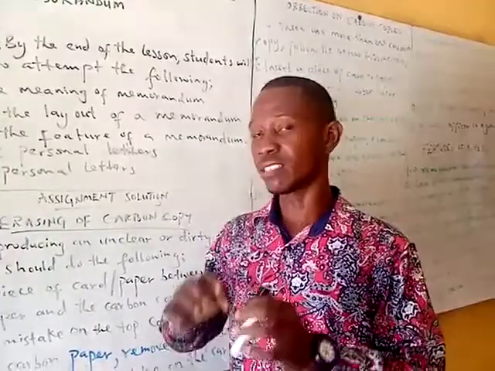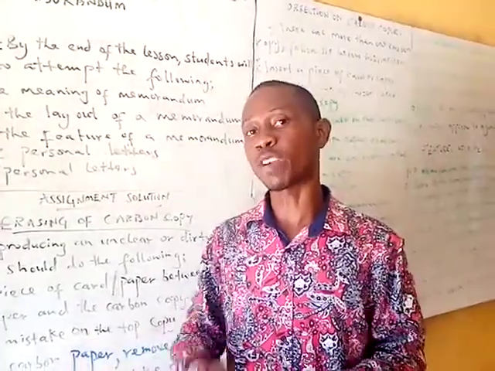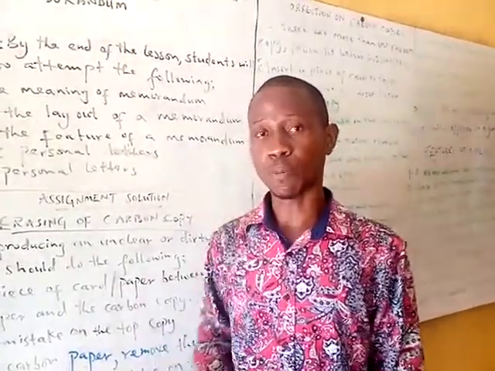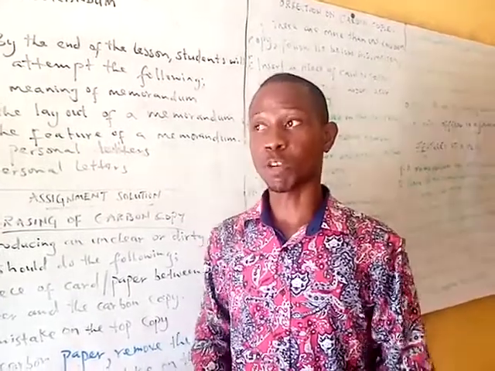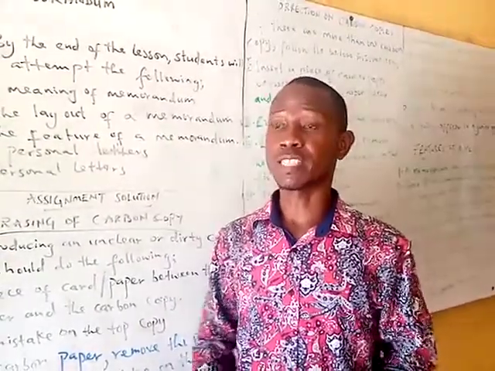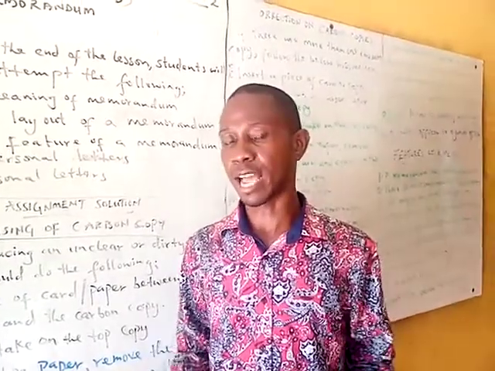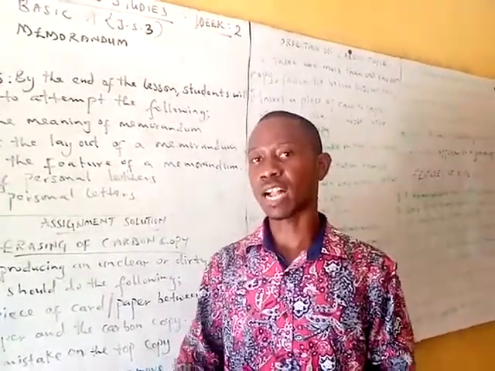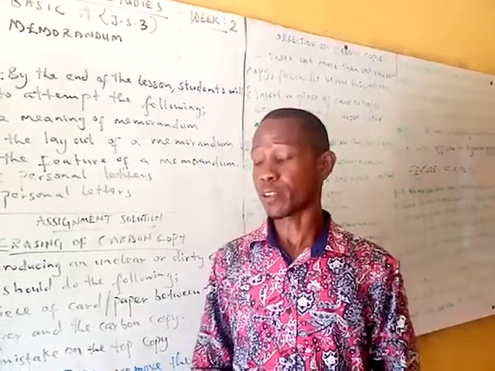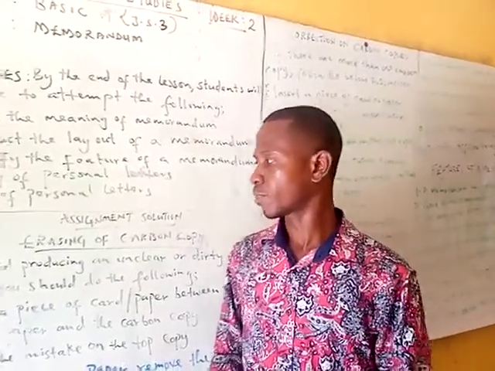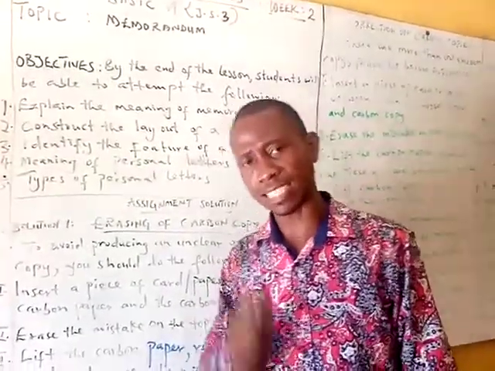Second one is erasing on carbon copies, where you have more than 1 carbon copy. And at this point, we know what a carbon copy is. We say it is a duplicate copy that will be retained by the seller while giving out the original copy to the buyer. Okay. So having said that, I believe you attempted that assignment.